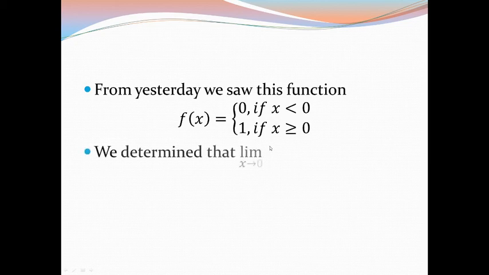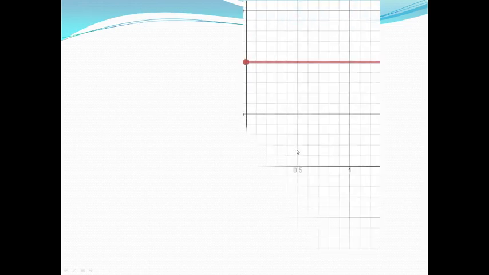Okay, so we determined from this function that the limit as x goes to 0 of f of x does not exist because the function approaches two different values as it gets to 0. So let's take a look at the function in question again.